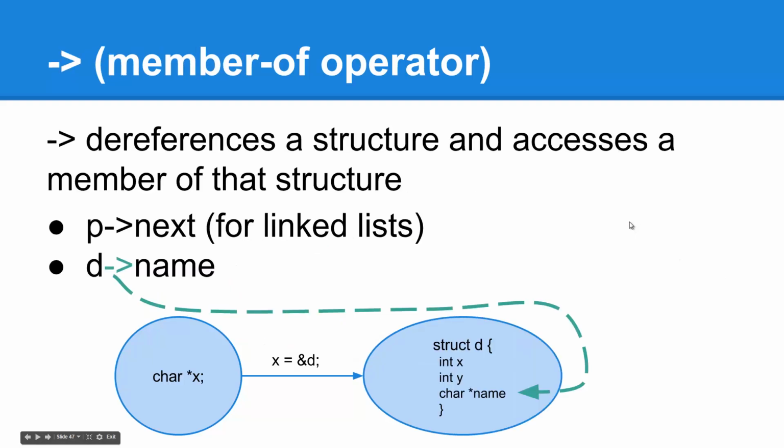Anyways, so the member of operator, this arrow combination, is used for dereferencing structures and accessing a member of that structure or a function of that structure. How that works is it takes the base address of the structure and adds however far into it that variable is, the offset to get to there.